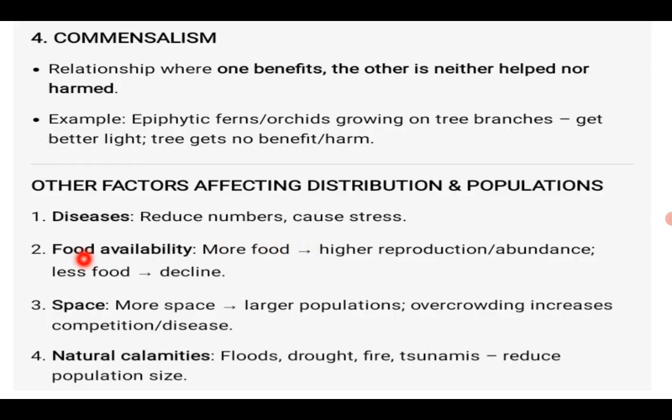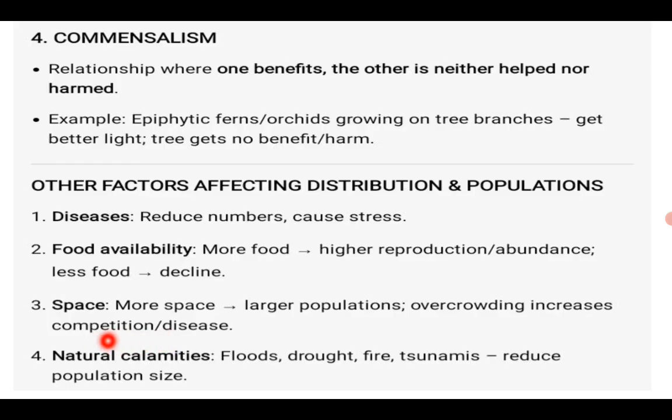But when there's less food, the numbers will decline. Another one is space. More space means larger populations, as more organisms will find shelter to live in. But overcrowding is going to lead to competition and spread of diseases.